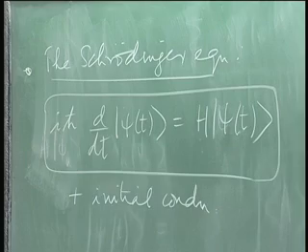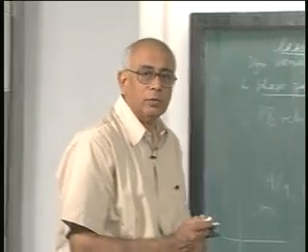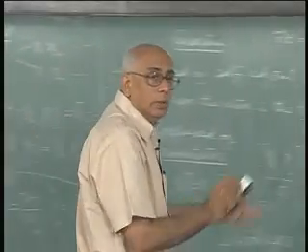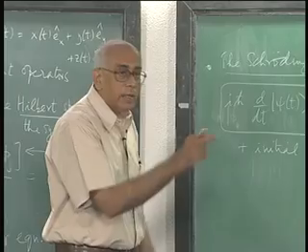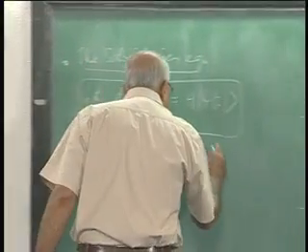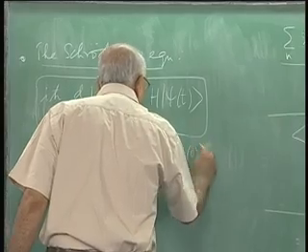And what is that condition? The unknown here is the state vector psi of t. So you have to give me the state at some initial instant of time. It is an initial value problem. We will assume that we know the state at some instant of time, and we will see later how we can possibly specify these states, plus the initial condition psi of 0.